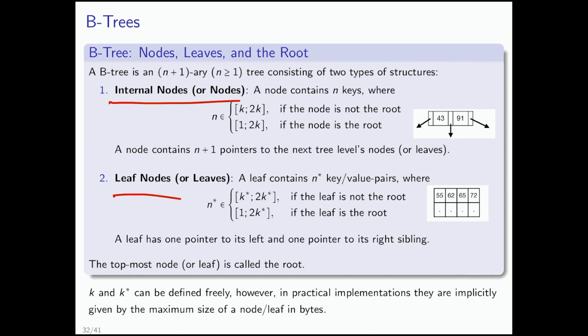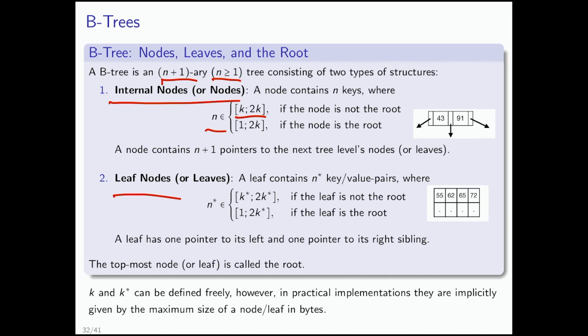That is why you get these weird definitions. So a B-tree is an n+1-ary tree, where n is greater or equal 1, which means it could also be binary, partially at least. It has two types of structures, and n is from an interval that you define.